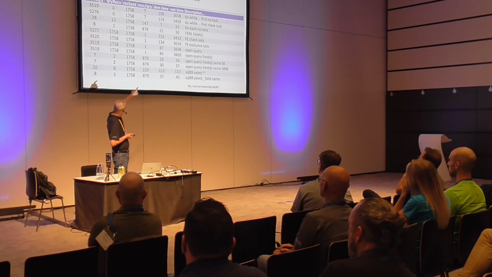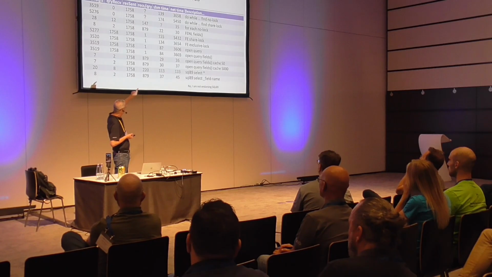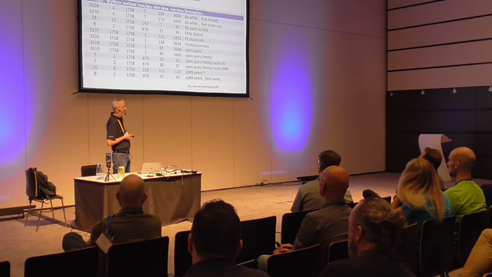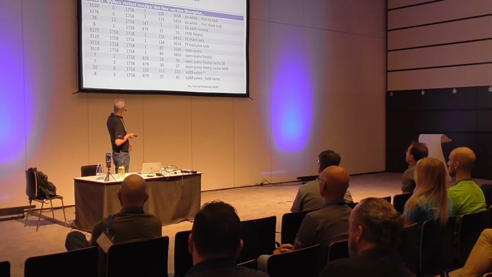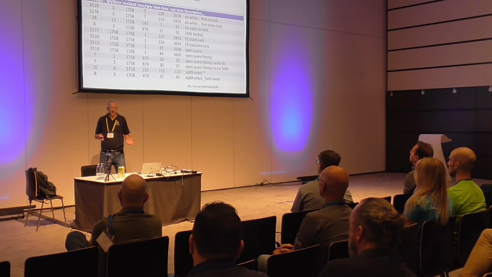The best time in this chart is the for each no-lock with a fields list. That gives you far and away the best result, because the total messages is so much lower. The total number of messages that you're sending across the network is minimized, and so your time is as well.